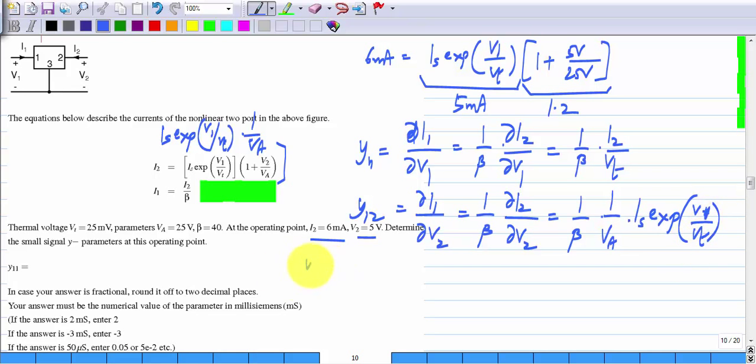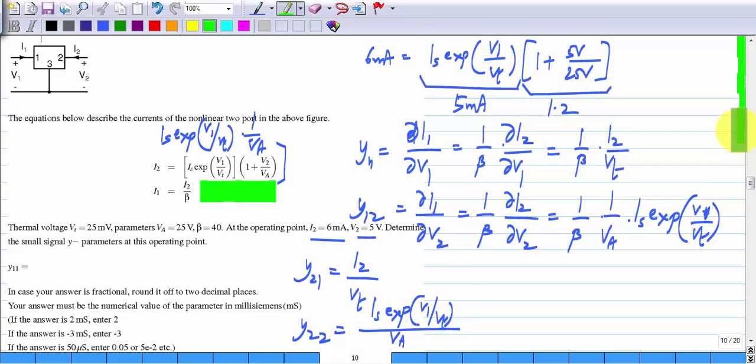And if you want to calculate y21, it will be the partial derivative of I2 with respect to V1, only this part of it, that is this without the beta. So it's I2 by Vt, and y22 similarly is the same expression without this beta, Is exponential V1 by Vt divided by Va. Now I can substitute all the numerical values and find the answers.